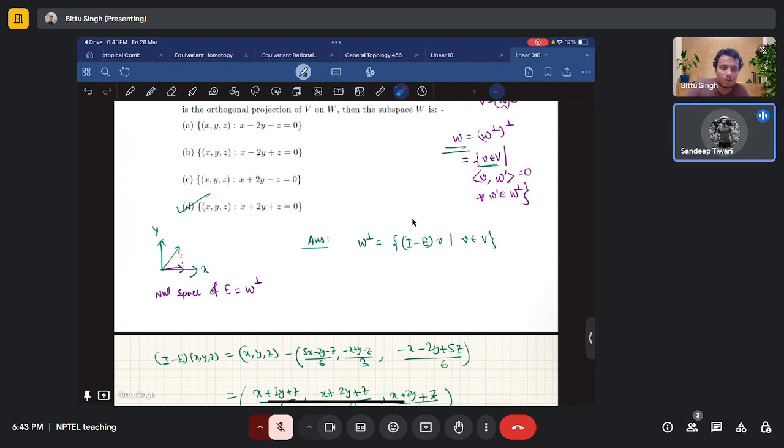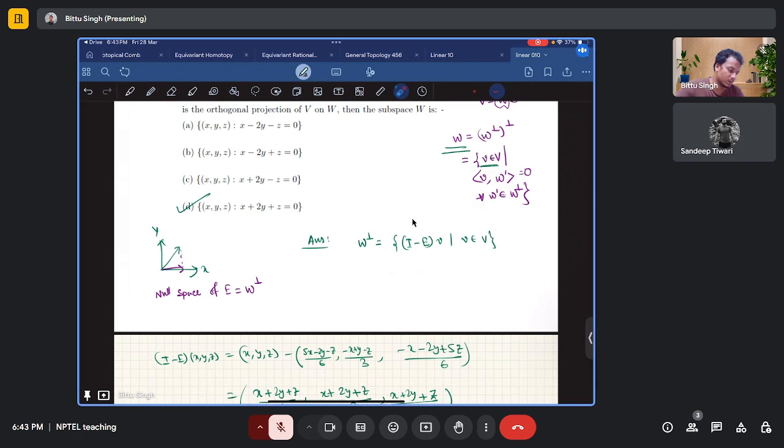So we simply replace the value of x or any variable in (x, y, z), sir. Yes. For here it is easy. If there is only a single equation, you just put z equal to minus x minus 2y, and you write it as generated by those two elements.